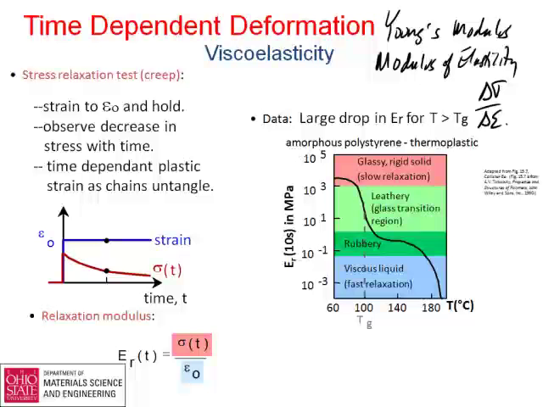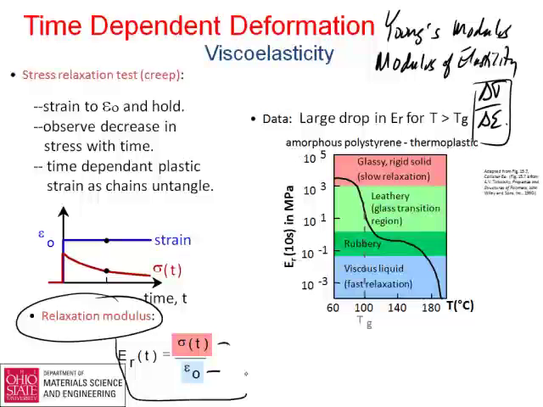Well, in polymers, if you leave a load on something, it'll generally keep creeping. It doesn't just stretch and stop. It'll usually keep stretching and stretching. So we use something called the relaxation modulus, which is basically hold the strain fixed, measure the stress at a given time, then you get a relaxation modulus based on that.